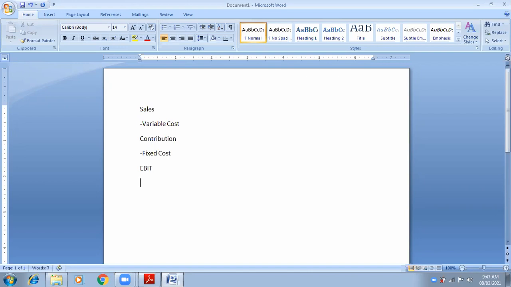Less interest on borrowed funds, you will get EBT, earnings before tax. And after that, if you deduct tax, you will get earnings after tax. Now this is leftover profit for my shareholders. So this is the format first of all.